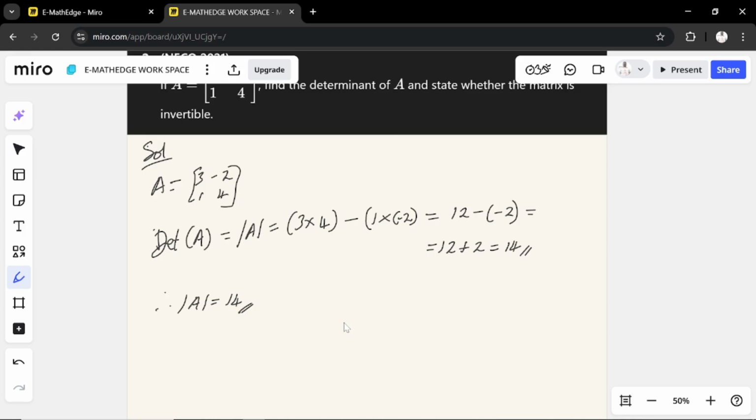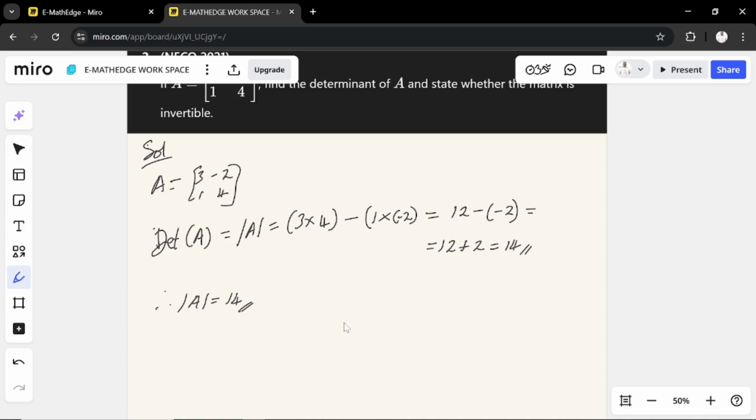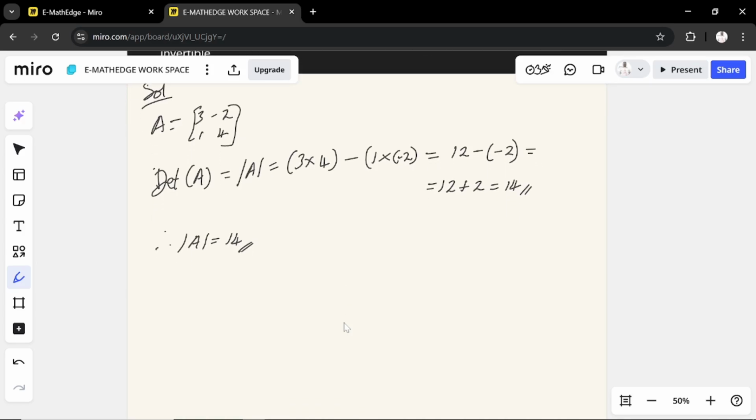Because whether a matrix is invertible or not depends on whether the determinant is equal to 0 or not. To find the inverse of a matrix, the formula is A inverse equals 1 over the determinant of that matrix multiplied by the adjoint of that matrix.